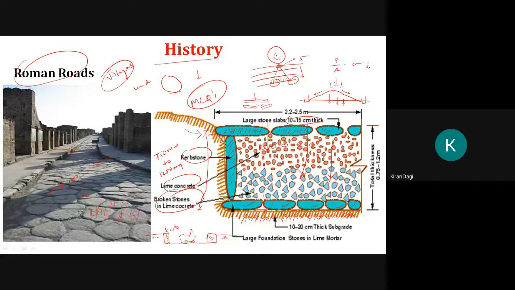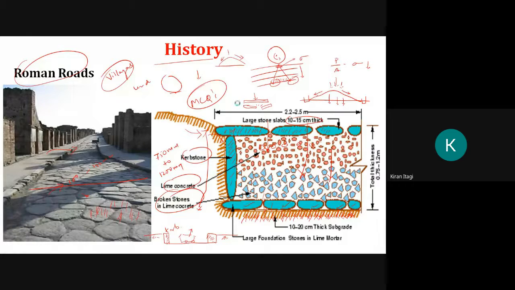So what we do is provide some slopes, such that the rainwater drains off. In Roman roads we can't see such slopes; it was completely flat.